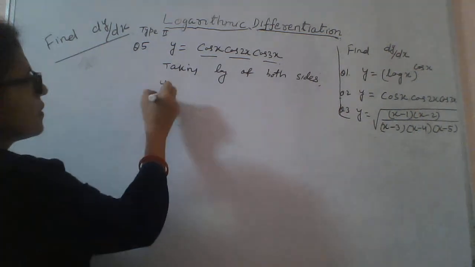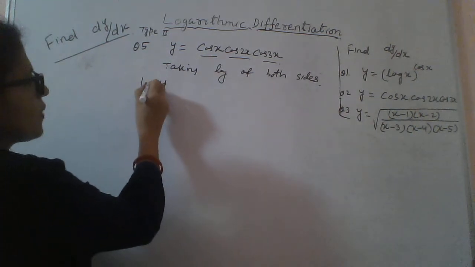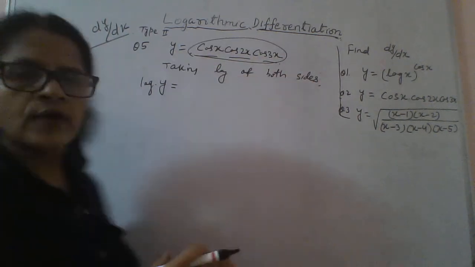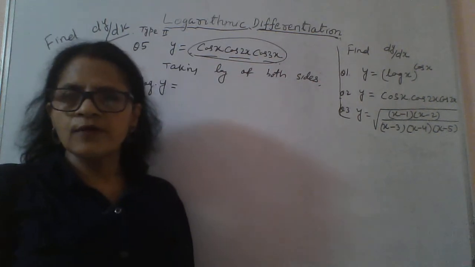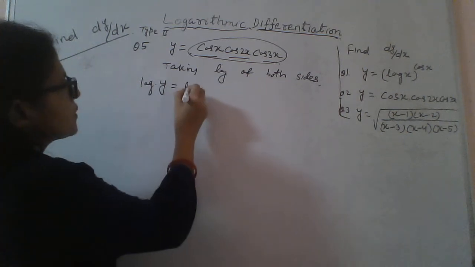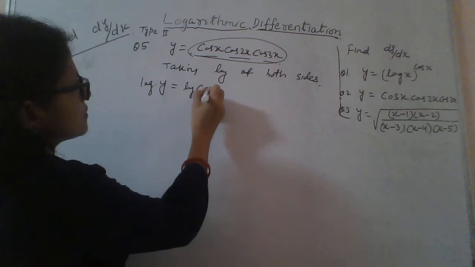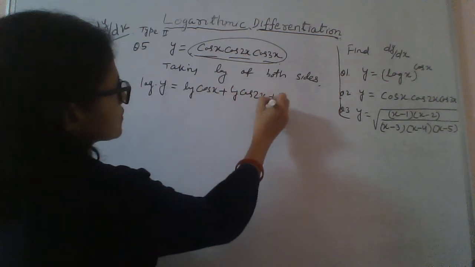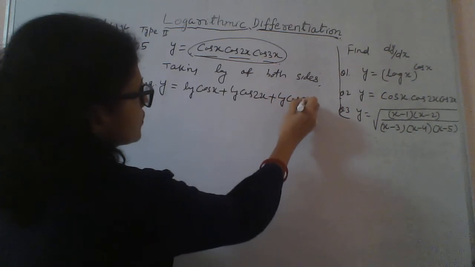So log y is equal to log of this, means log mnp, that is equal to log m plus log n plus log p. Okay, so it is log cos x plus log cos 2x plus log cos 3x.